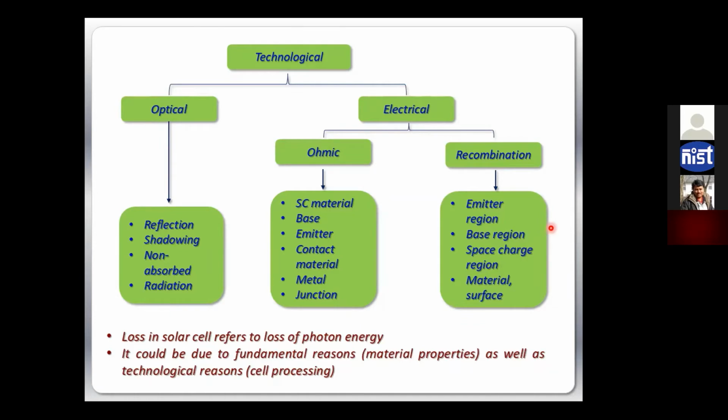Ohmic loss comes from all the circuits and connections we are making, like the base material, the emitter, contact material, metal junctions that we made. Recombination losses come from the surface of the cell, the base region, the space charge region, the emitter region. So these are the losses that we can primarily summarize, and very significant for a solar cell, that 69% of losses.